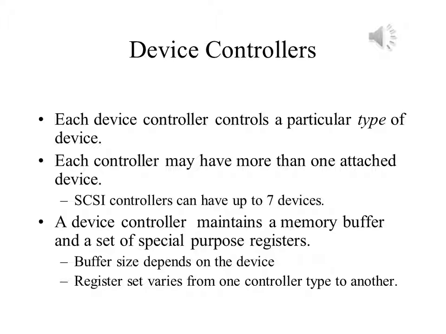A device controller maintains its own memory buffer for data and has a set of registers that store commands given to it by the CPU and also status information. For example, the NEC PD765 disk controller has a 16 command language using 1 to 9 bytes in a device register.